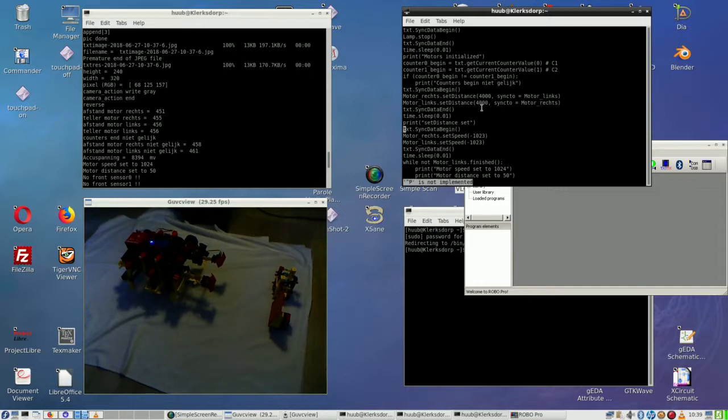Then I say okay, print. And then okay, afstandsmeter is get current distance, that's good. And then I say okay, start. This should do it.